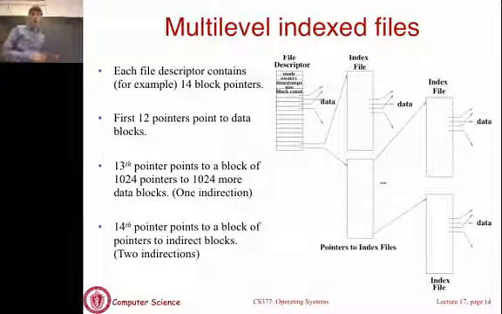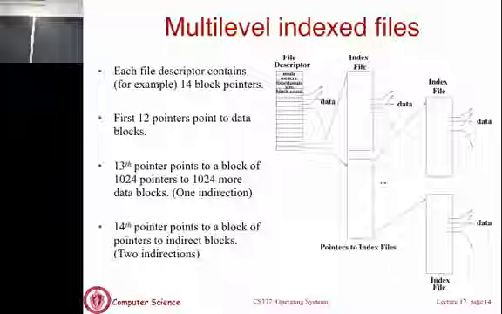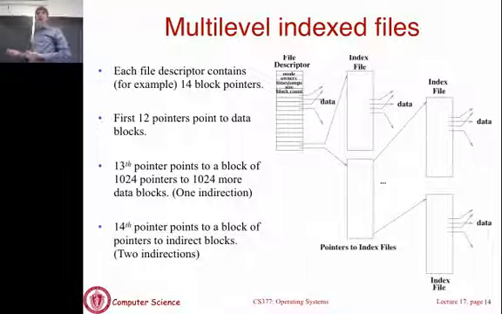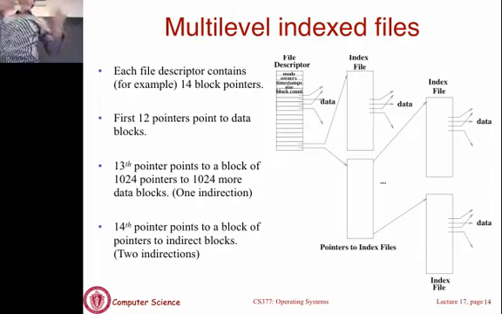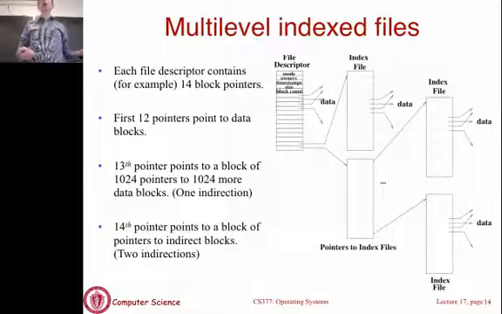So one thing I also want to mention is that, remember I said that these file descriptor objects also have to be stored on disk. The way this is typically done is your file system is organized into blocks and what are called super blocks. Super blocks are components of your hard drive that are laid out for storing things like file descriptor objects.